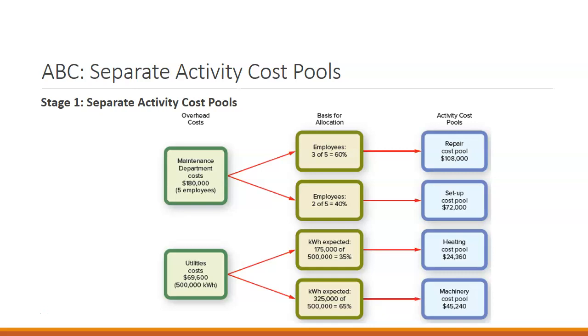And then we take the rest of it and allocate it to the machinery cost pool. So we've separated our overhead costs. We've decided what the basis for allocation is, and we've set up 4 activity cost pools: repair of machines, setup of machines, heating for utilities, and machine use of utilities.